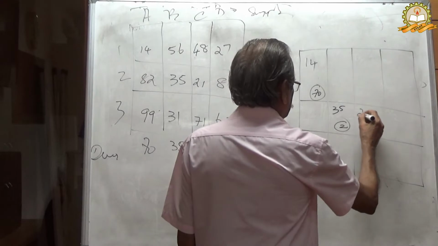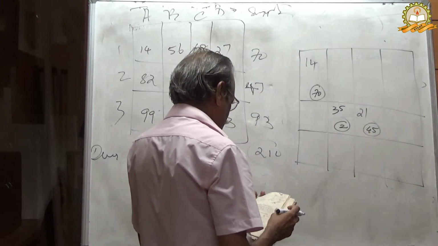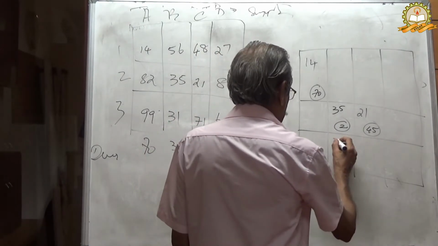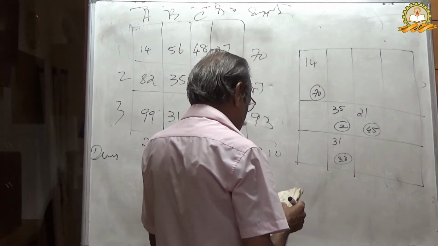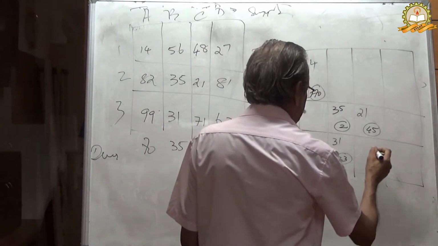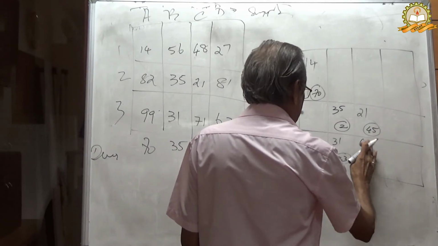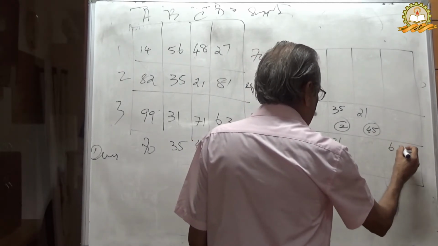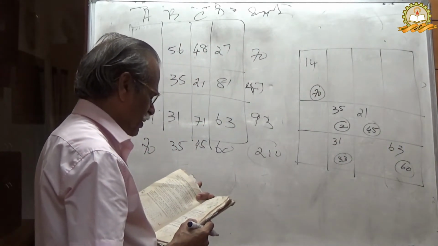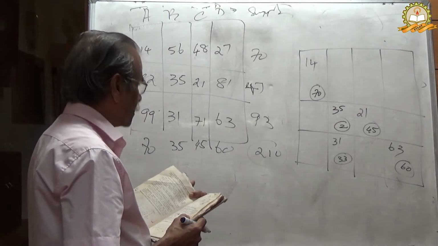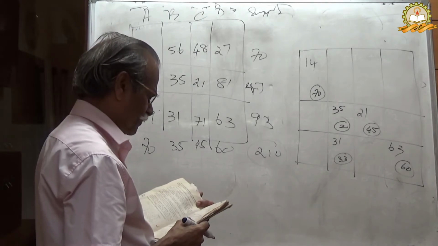20, 45. Then 31 into 33. Then 63, 60. You have 14 into 70, 35 into 2, 21 into 45.